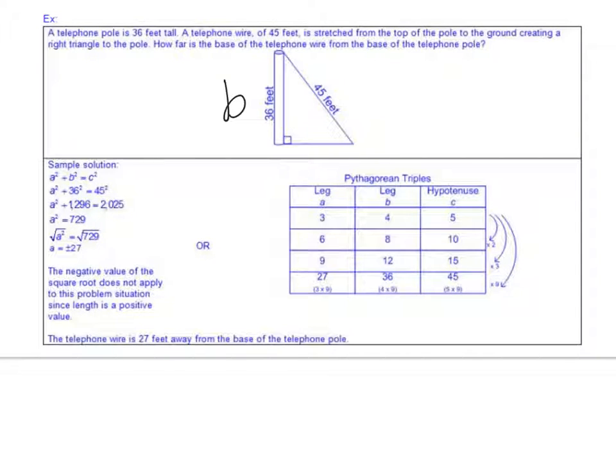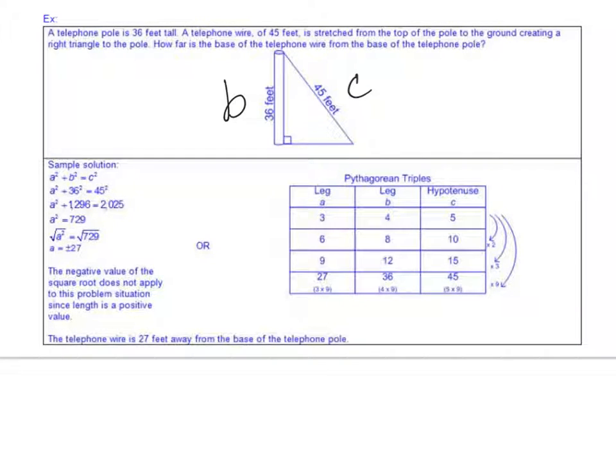And a telephone wire is 45 feet, and it's stretched from the top of the pole to the ground. So this would be our c. And they asked us to find the base, how far it is from the base to where the wire is.